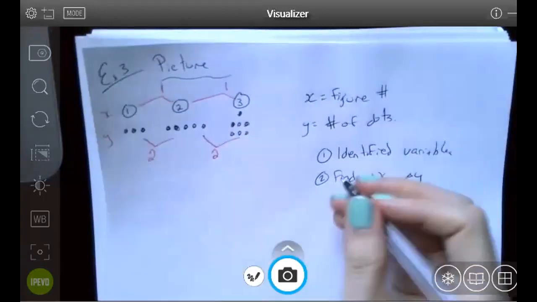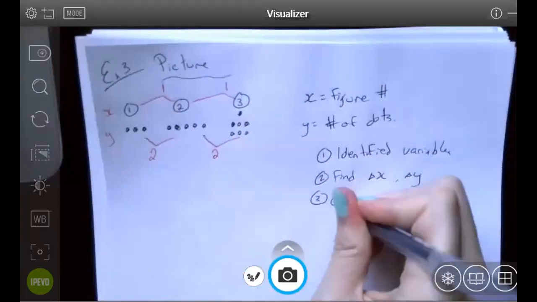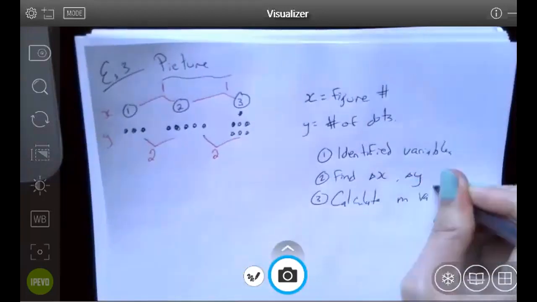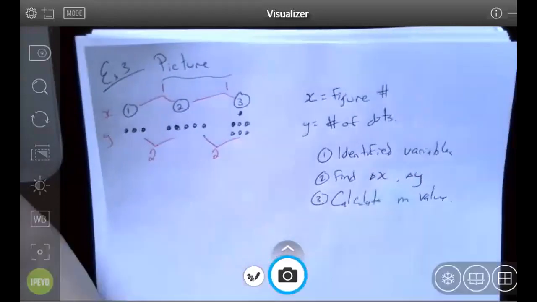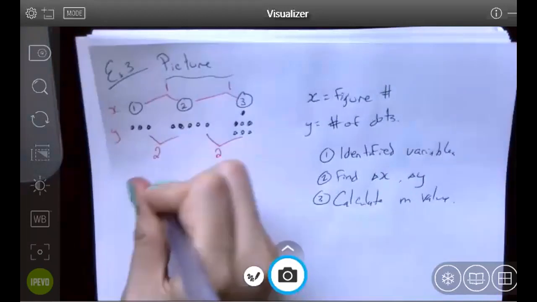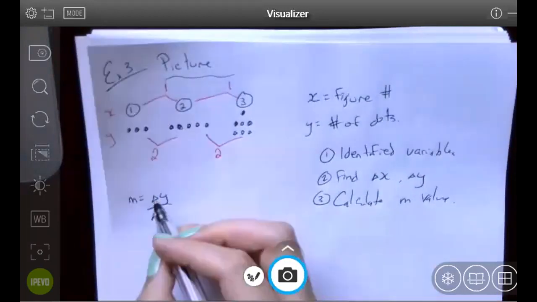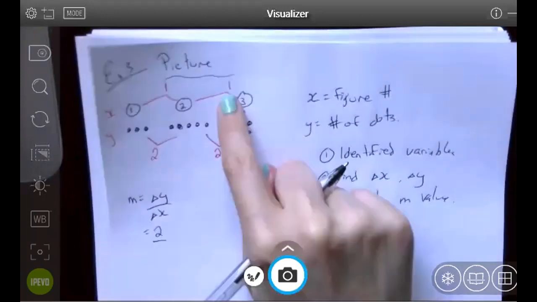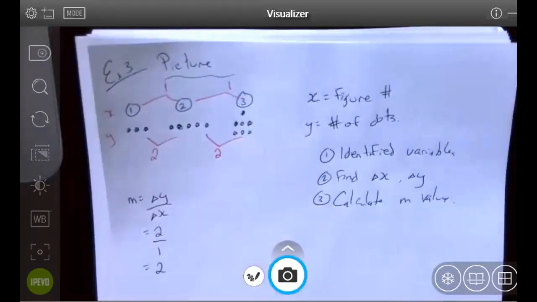Now we go on to step 3, which is calculate our m value, or our rate of change. So m is equal to a change in y over a change in x. Our change in y is 2 divided by 1, which is just 2.